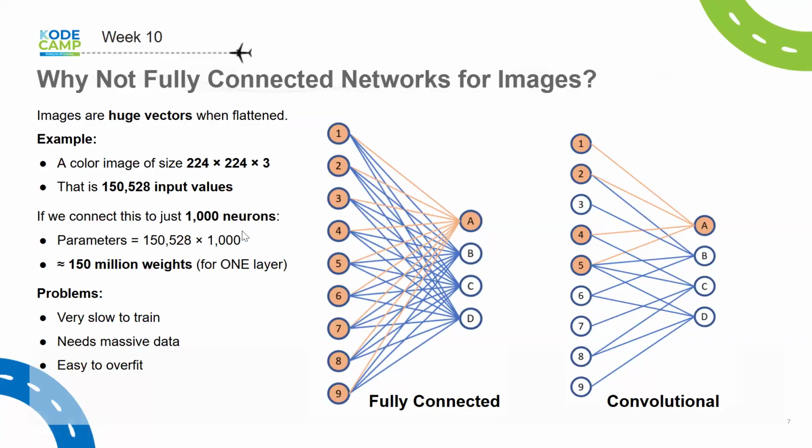But then that will not be manageable. So just assume that we take 1,000 neurons in the first layer. So that the number of weights would now be 1,000 times this 150,528. That's 150 million weights for just a single layer, right?